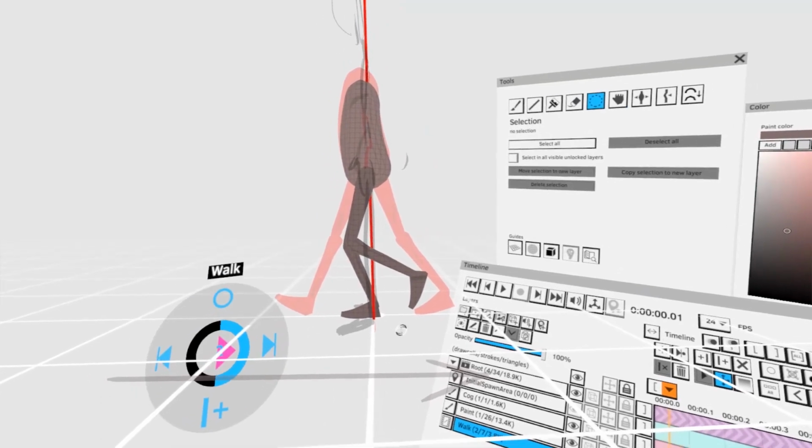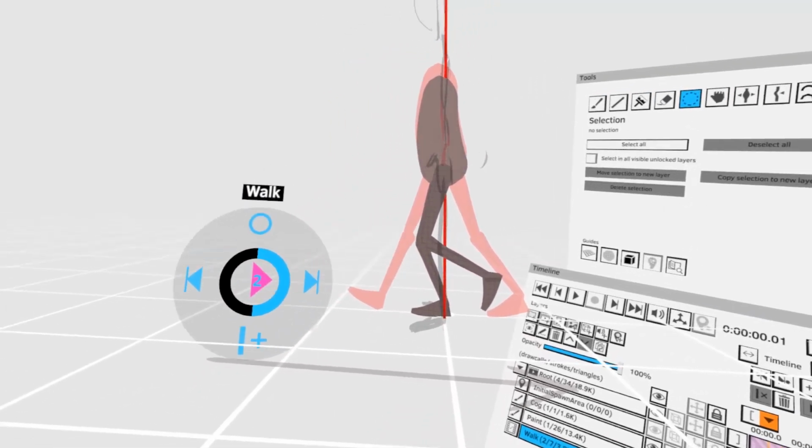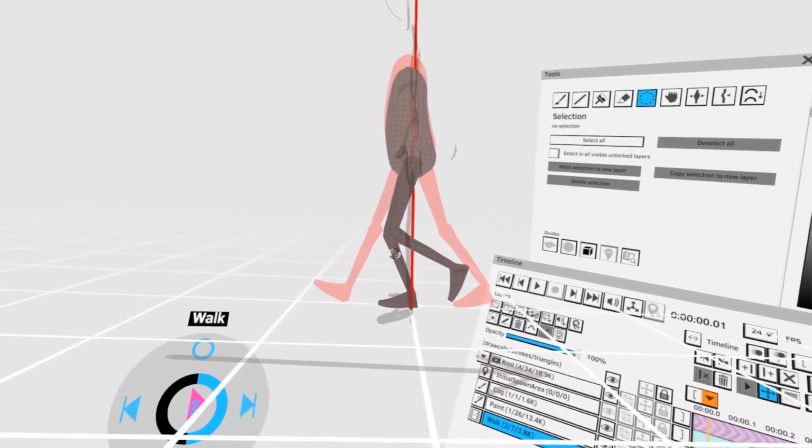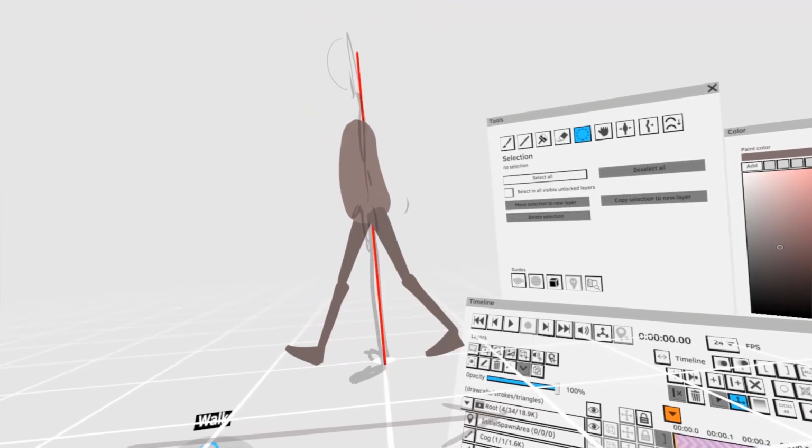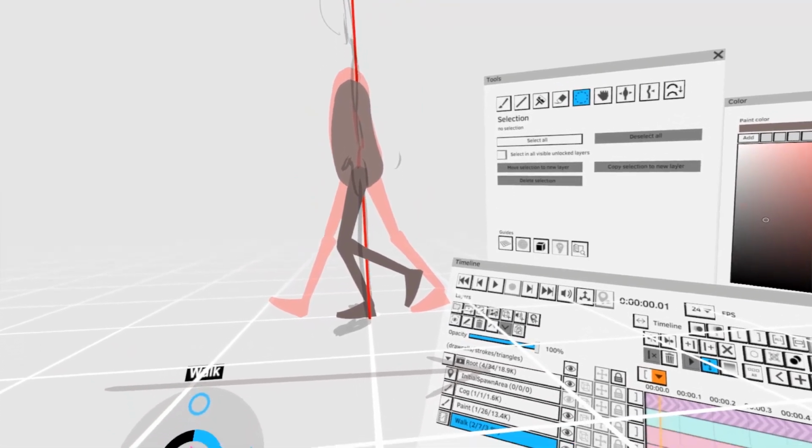Obviously, these are not going to be the real numbers, right? I will talk about the timing later, but this is going to be at a different point in time. So what I'm doing is planning my keyframes first, and then later I will put those keyframes in the right timing so that we have a nice rhythm.